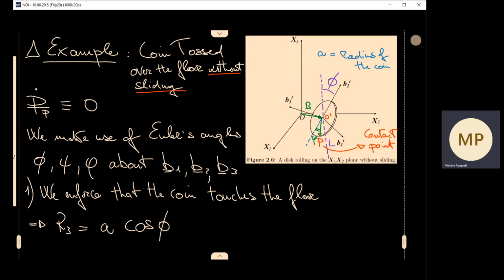As you can see, this is a what? Holonomic or non-holonomic constraint? Holonomic constraint, the position. Let's write it actually.